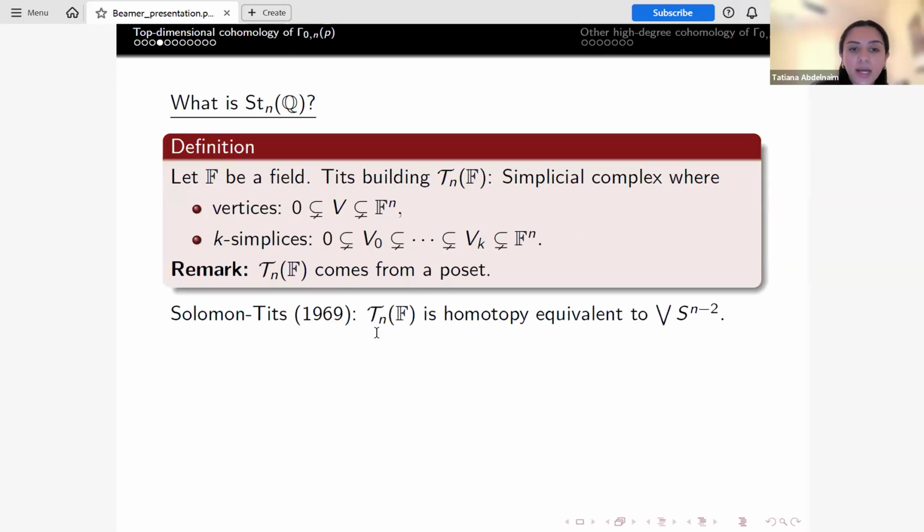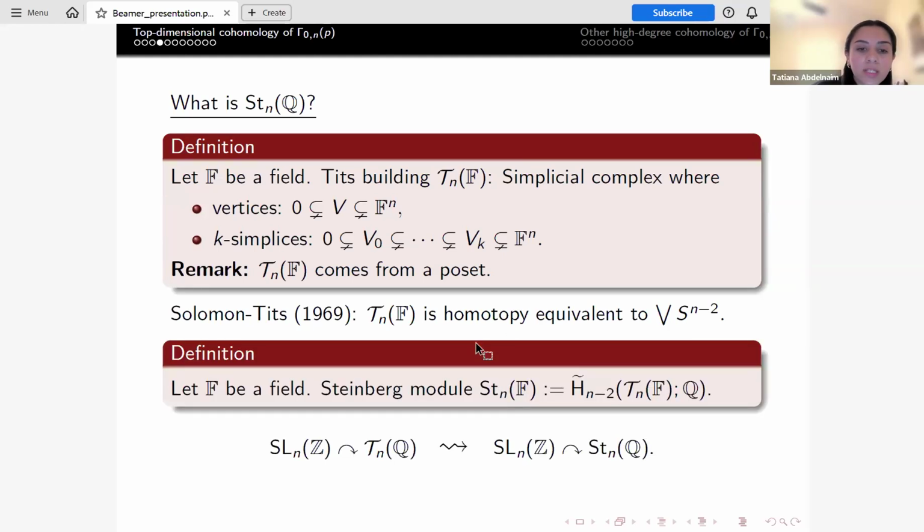Solomon and Tits showed that the Tits building is homotopy equivalent to a wedge of (n minus 2)-spheres. And if the field is finite, we can actually know how many spheres we have in here. With this homotopy equivalence, the Tits building has only one non-zero reduced homology. And so this gives the definition of the Steinberg module. It is defined to be the reduced homology in degree n minus 2 of the Tits building.